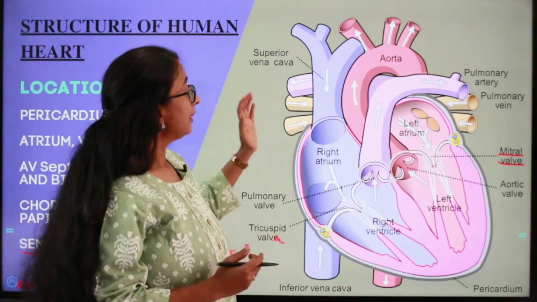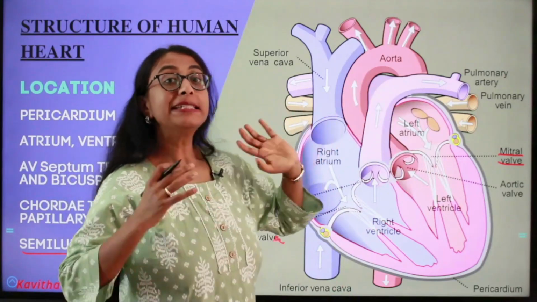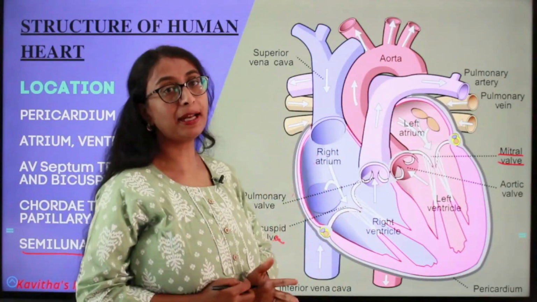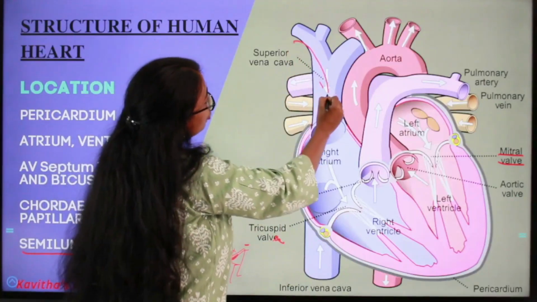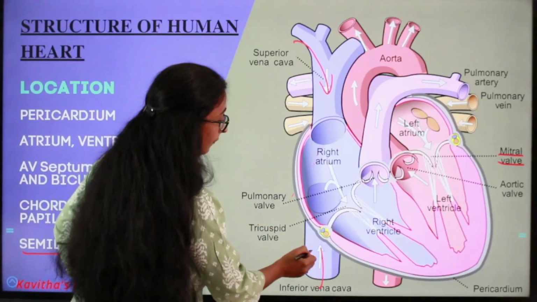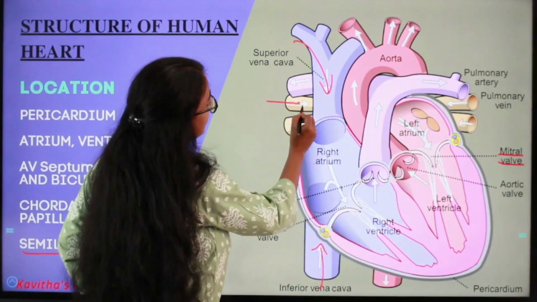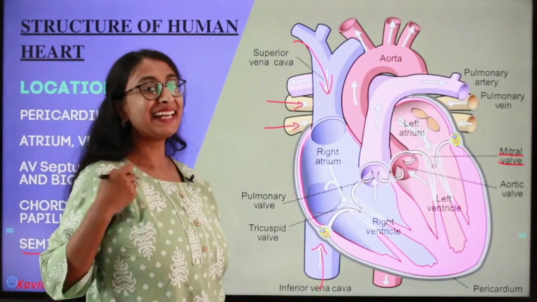Okay, so the right atrium, the right ventricle and the pulmonary artery deal with the deoxygenated blood. You can see that deoxygenated blood from the superior vena cava, from the inferior vena cava and from the coronary sinus. What is coronary sinus? We shall be discussing this in our next lecture.